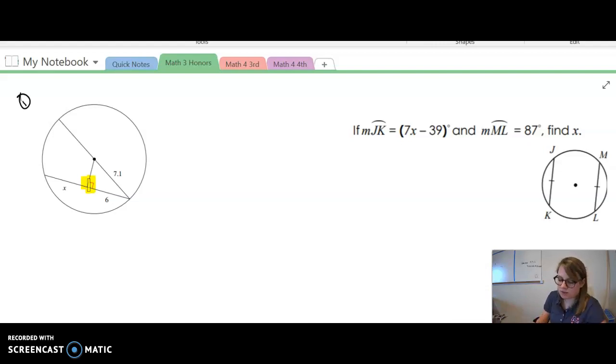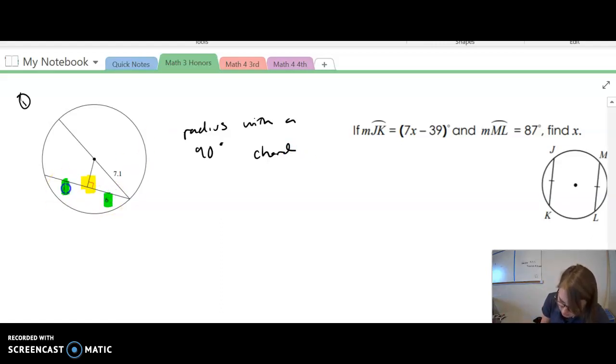That's one of our theorems: if we have a radius with a 90-degree angle against the chord, that means these two segments are equal to each other. It's being divided in half. So we can just say x equals 6 by this theorem. Alright, so let's move on.